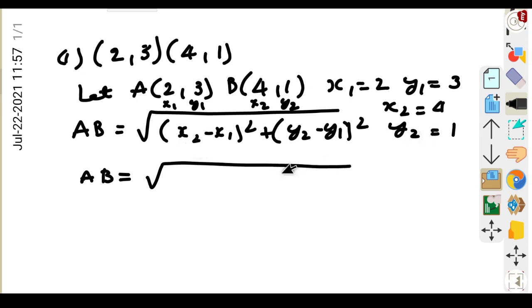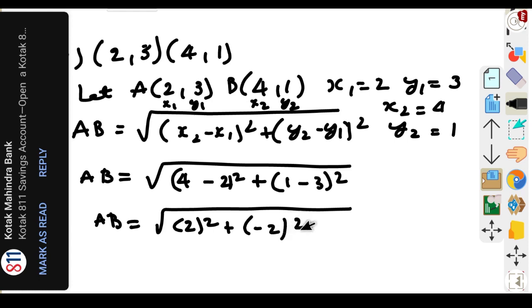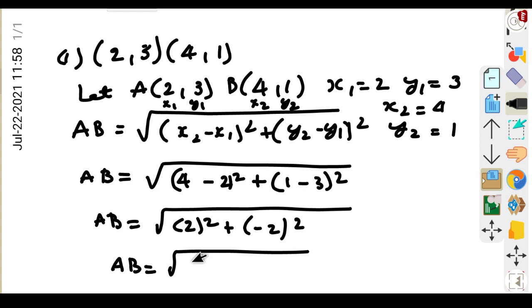So x2 is 4 minus x1 is 2 whole square plus y2 is 1 minus 3 whole square. So AB equals under root of (4 minus 2) is 2 square plus (1 minus 3) is minus 2 square. So AB equals under root of 4, and any minus square will be plus, so plus 4.